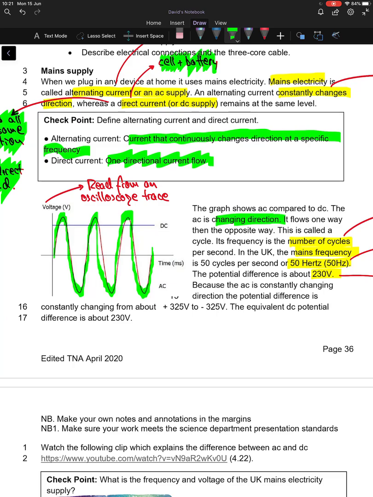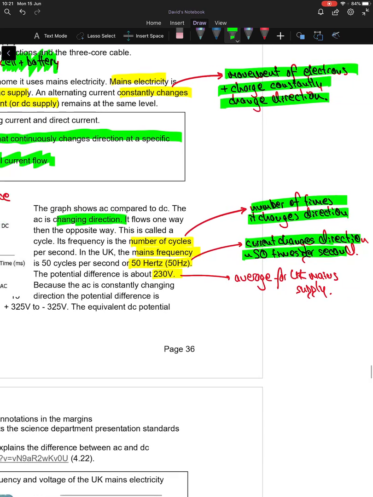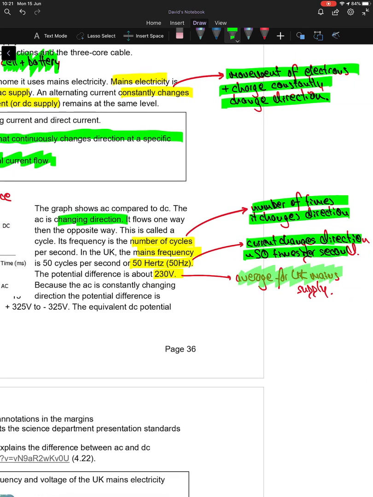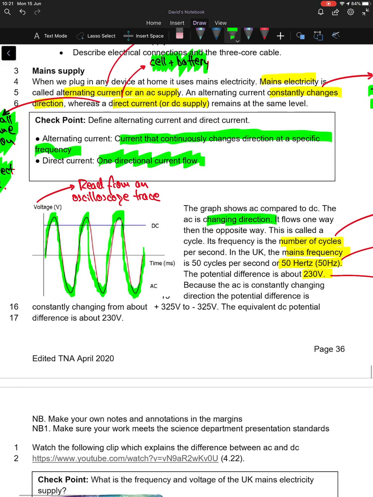per second. Now, the potential difference is about 230 volts. That's the average voltage for a UK mains supply, and it's the force with which those electrons are being pushed around the circuit. Because the AC is constantly changing direction, the potential difference is constantly changing from about 325 positive to about 325 negative volts.